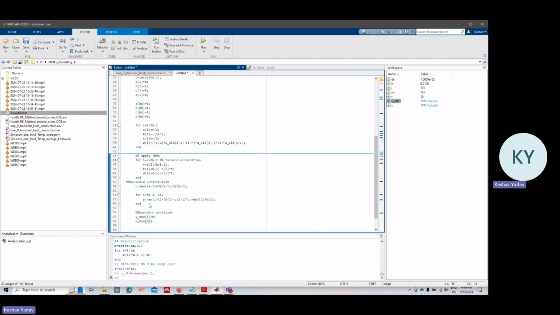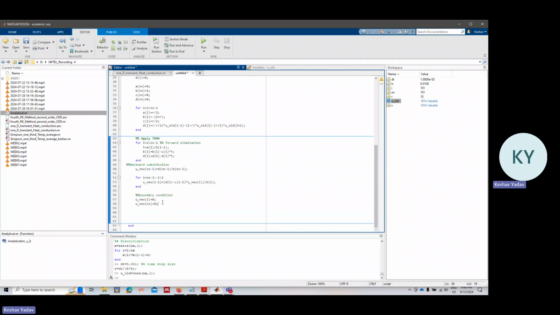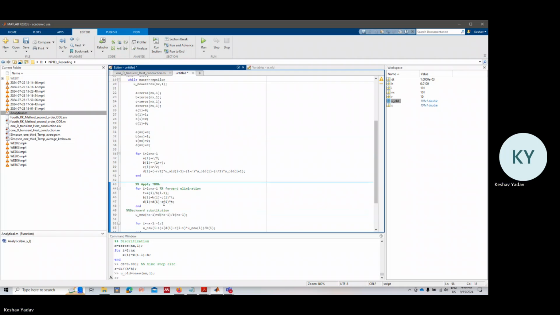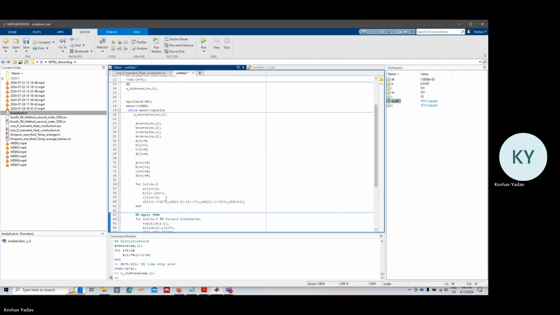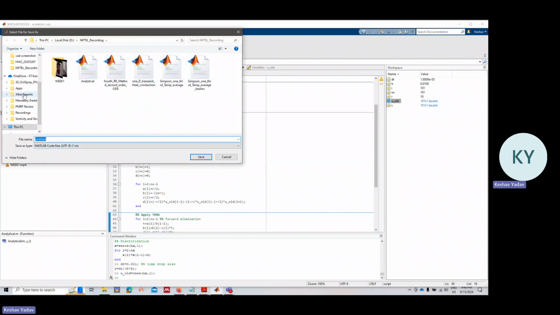At nx, that will be equal to what? 0. So we have solved this now. Now we just need to plot this. So let me save this first. Suppose I am saving it at the desktop.